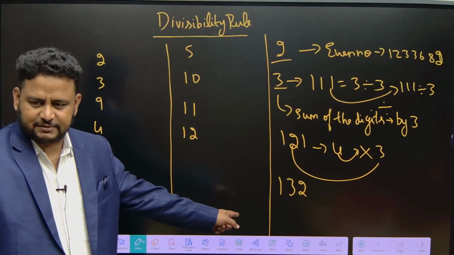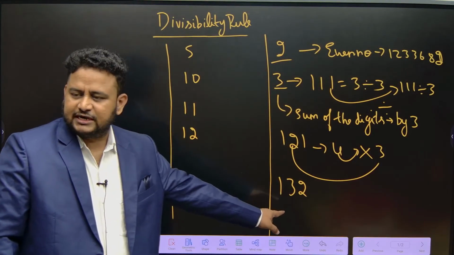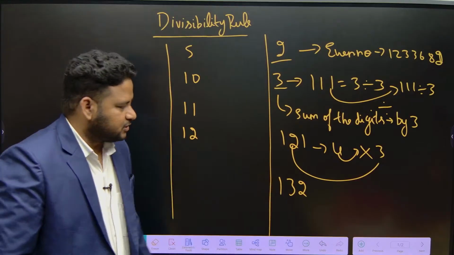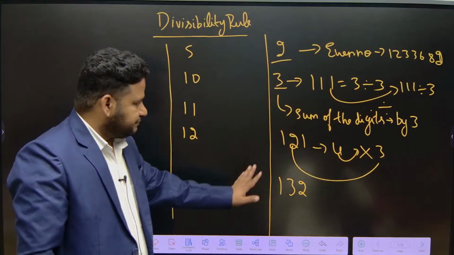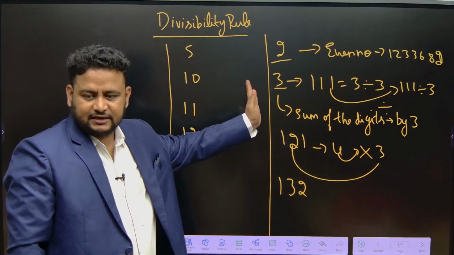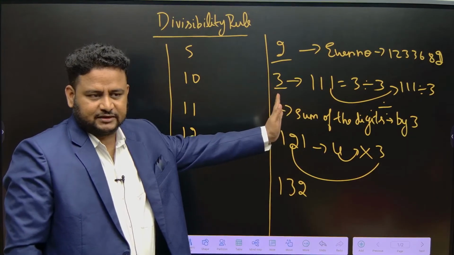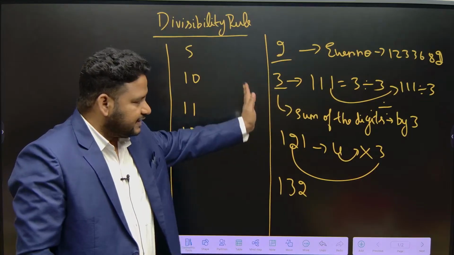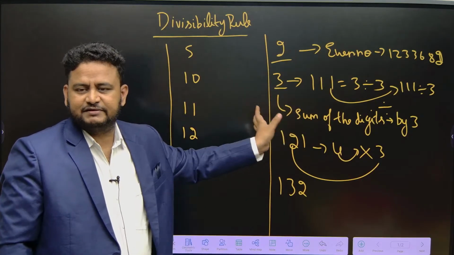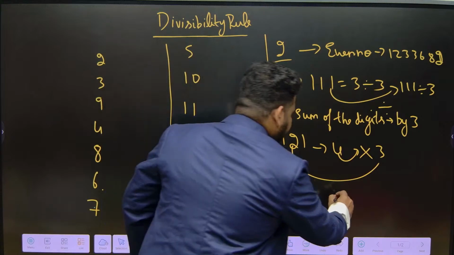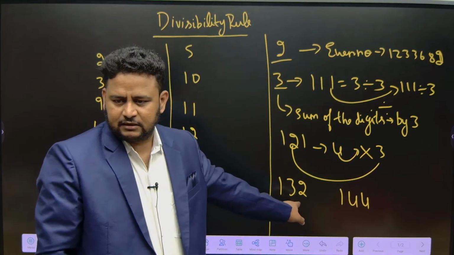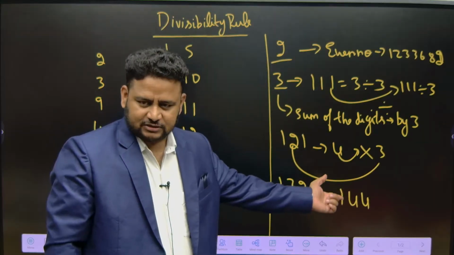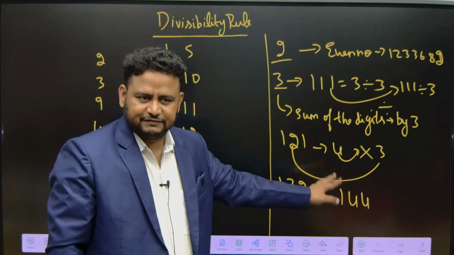So 6 is divisible by 3, so 132 is also divisible by 3. So I was telling, when it comes to divisibility by 3, the sum of the digits should be divisible by 3. If it is divisible by 3, the number that is given will be divisible by 3. Suppose I give 144. What is the sum here? 9. So 9 is divisible by 3, so definitely 144 will also be divisible by 3.